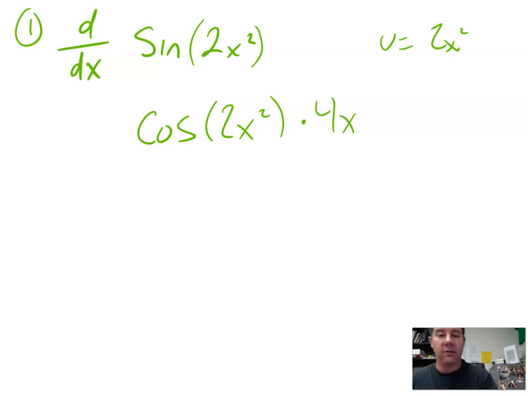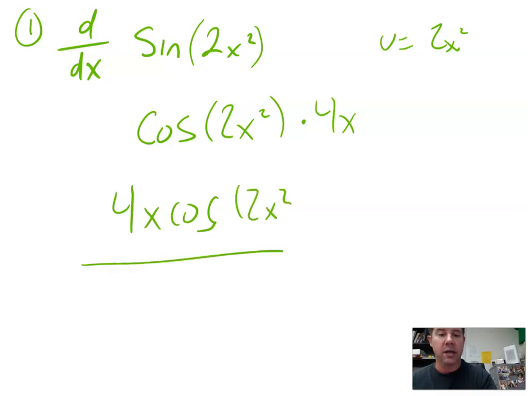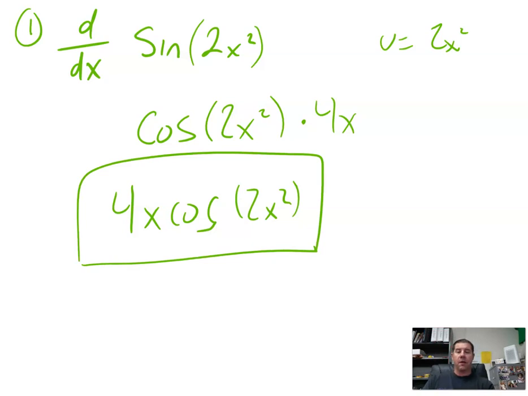And so now, this one wasn't too bad, reorder things, and we get 4x cosine of 2x squared. And that would be our derivative. Okay? That's a problem kind of like yesterday's stuff where we just had one chain rule that we had to apply. Here's where we're going to move on more towards today.